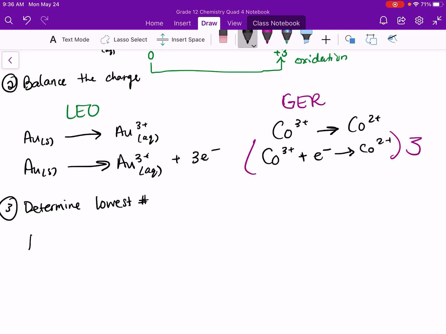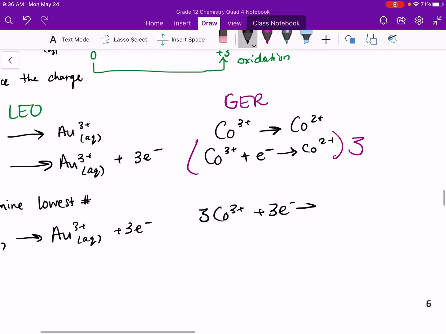This will give us the same thing for gold, but cobalt will now be 3 Co3+ plus 3 electrons goes to 3 cobalt 2+.